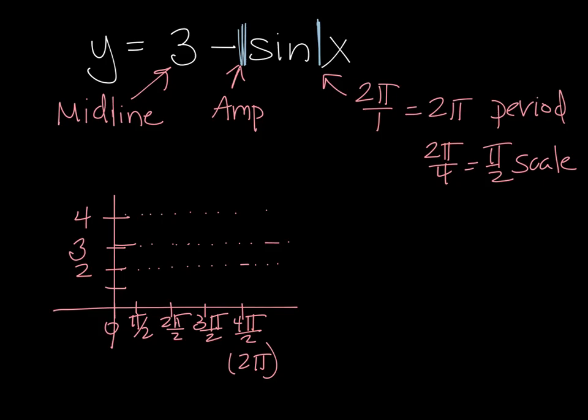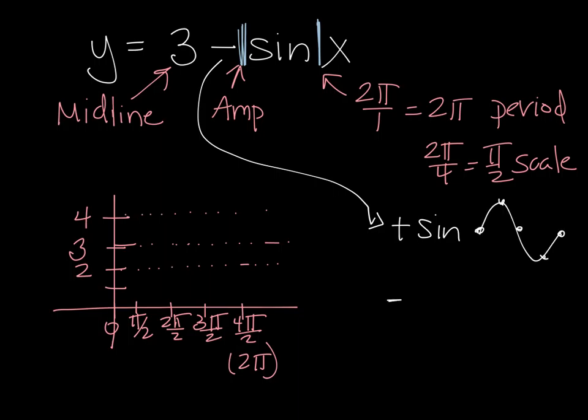Okay, so what about negative sine? Positive sine goes middle, top, middle, bottom, middle. Negative sine is flipped over. It'll still start at the middle. You can't flip the middle, but instead of going to the top, it'll go to the bottom. Then come back to the middle, then go to the top, then come back to the middle.